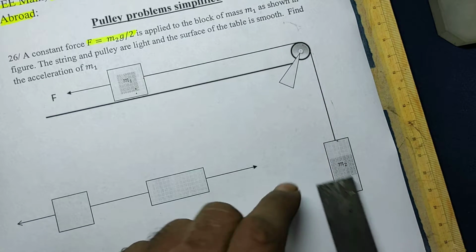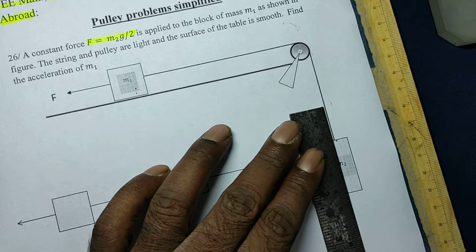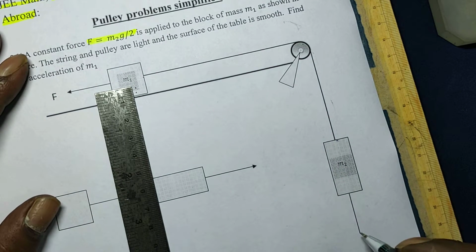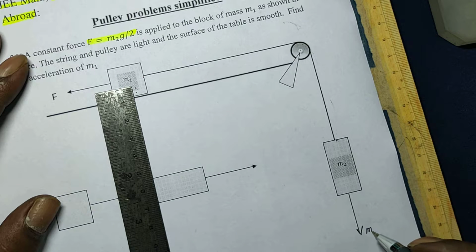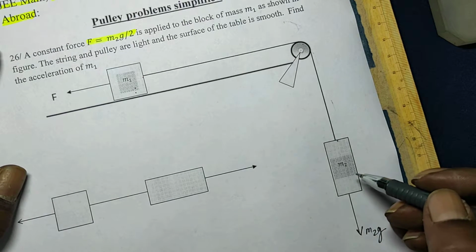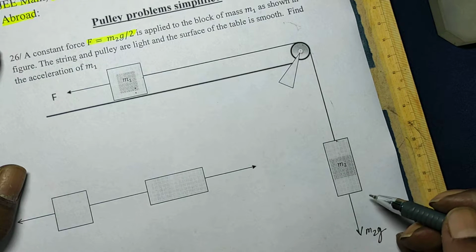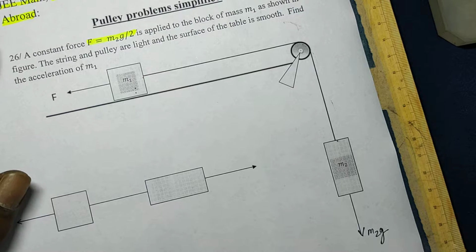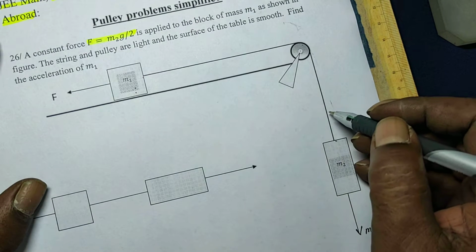Now the weight of this mass m2 will be vertically downward. Let me show it here. So this will be your m2 times g. And whether this m2 will fall down or go up depends on the net force.